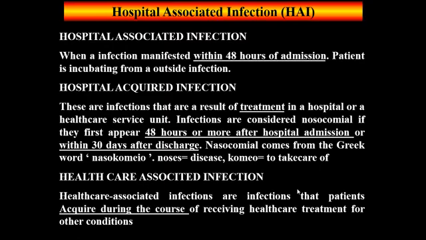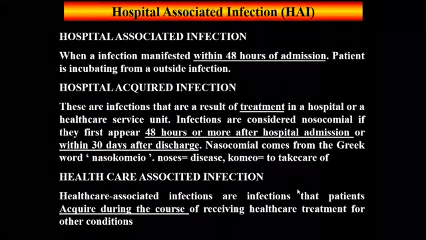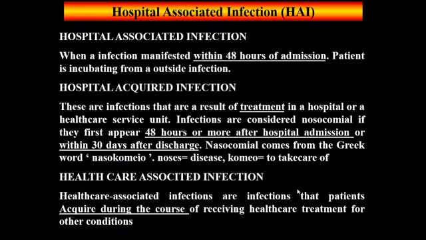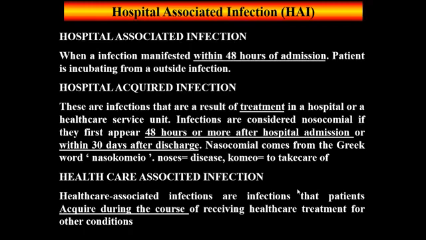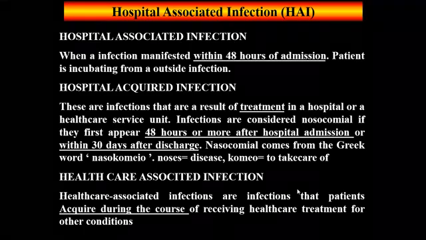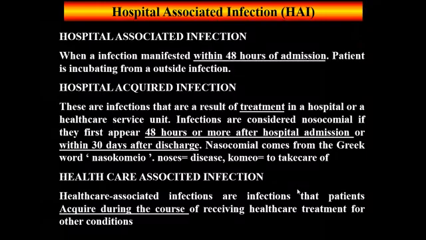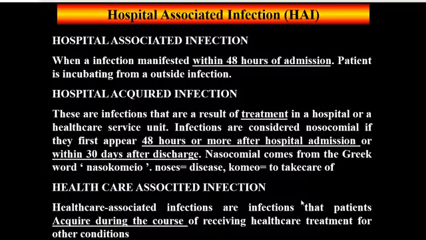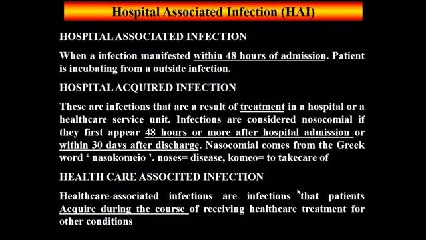We have three terms, and we know all of them: HAI, or hospital associated infection, is when infection is manifested within 48 hours of admission. Hospital acquired infection results from treatment in a hospital or healthcare service unit. Infections are considered nosocomial if they first appear 48 hours or more after hospital admission or within 30 days after discharge.